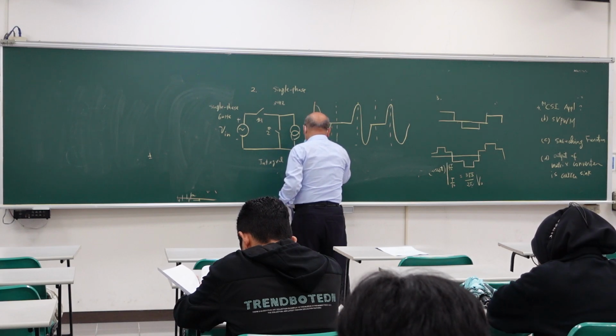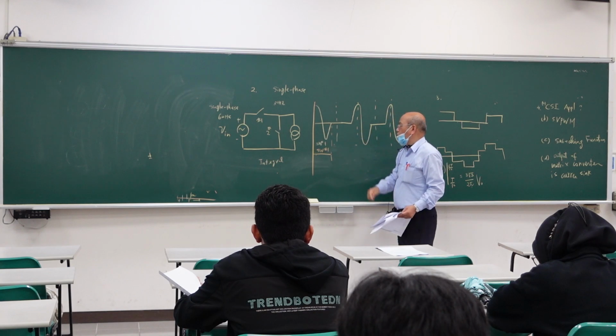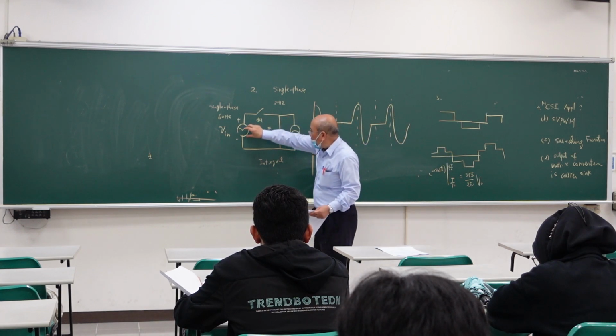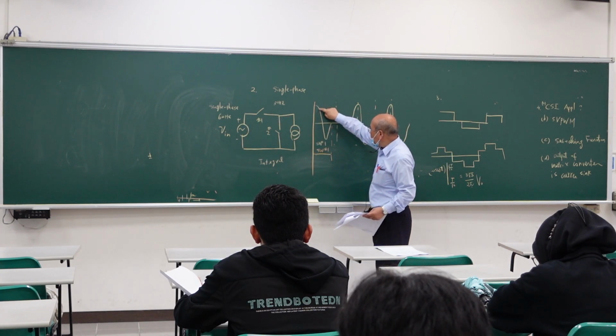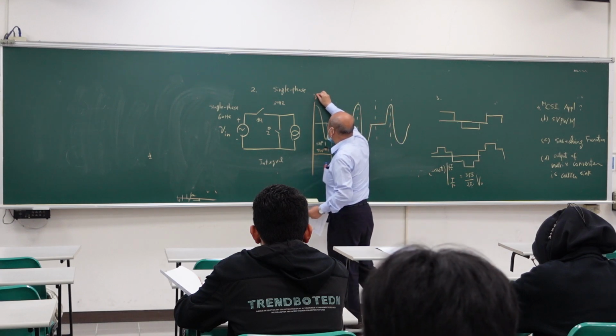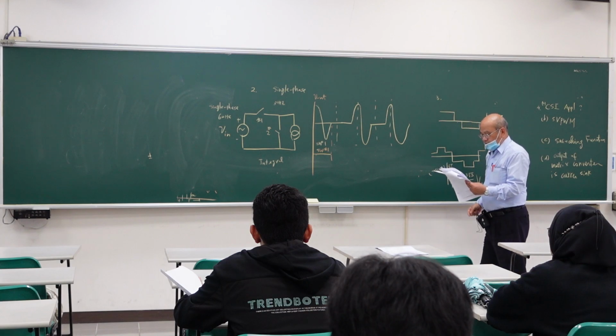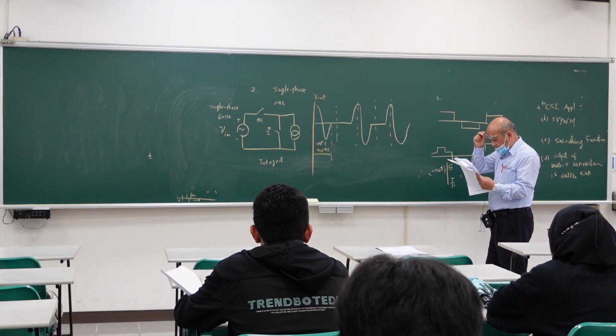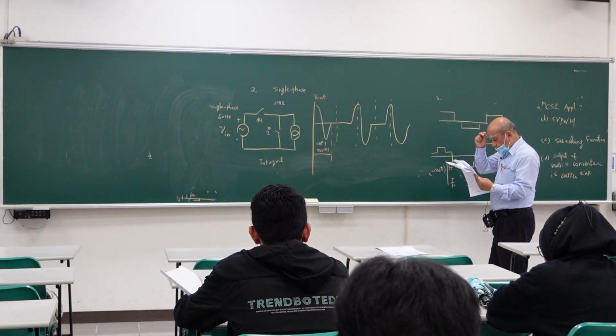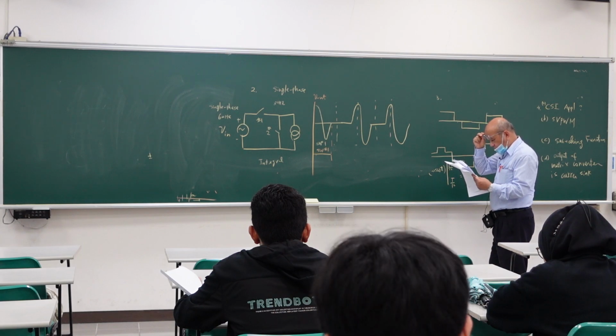This is SW1. If switch 1 turns on, V in equals V out. So you can see if the switch turns on, then V out equals V in.